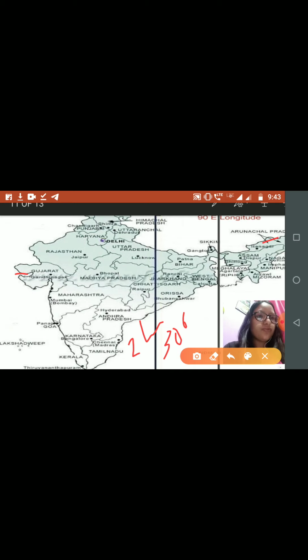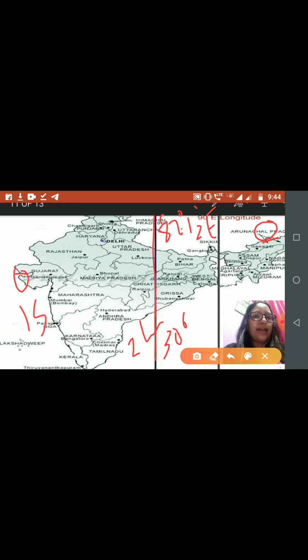The sun rises and sets 2 hours earlier here in Arunachal Pradesh than over the coast of Gujarat. For the sake of uniformity, the local time along the 82.5 degree east longitude, which is the central meridian of the country, is taken as the Indian Standard Time.